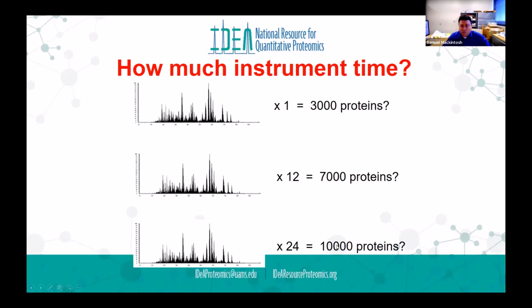So you don't want to shoot for 10,000 proteins unless you need 10,000 proteins. If you're looking at a transcription factor, probably so. Otherwise, no, you just want to shoot for the level of proteomic depth that you need, assuming that you're able to calibrate that up front.